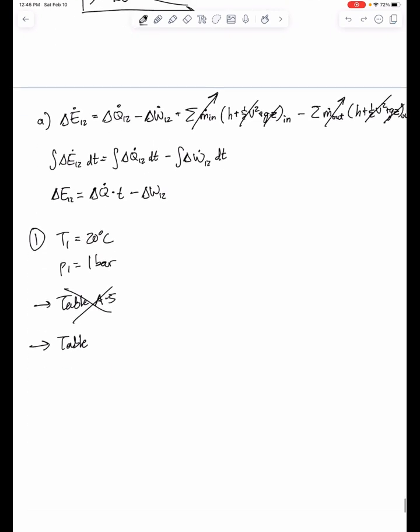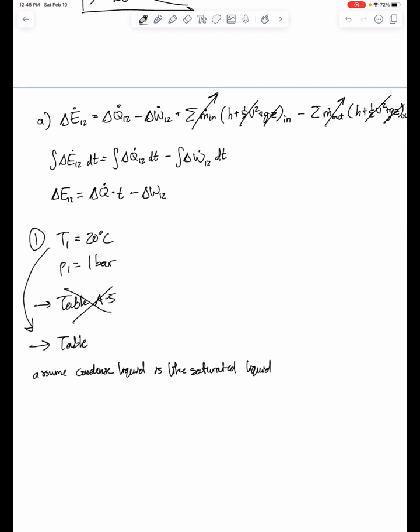So we just take this value and assume that our condensed liquid is like saturated liquid, because water is relatively incompressible in comparison to something like air. So this assumption is, I guess, valid.